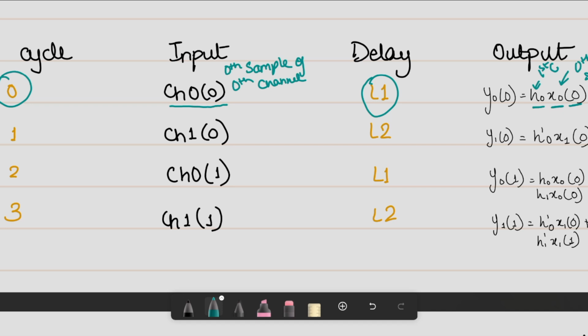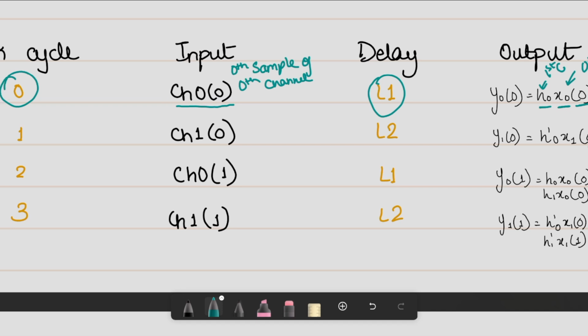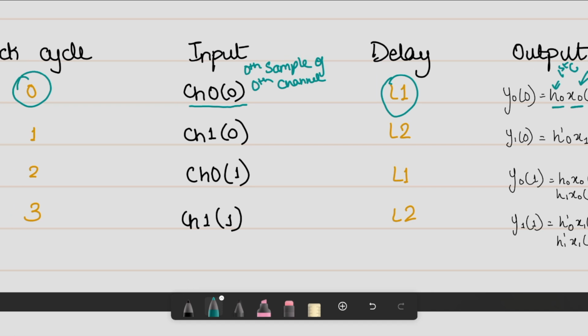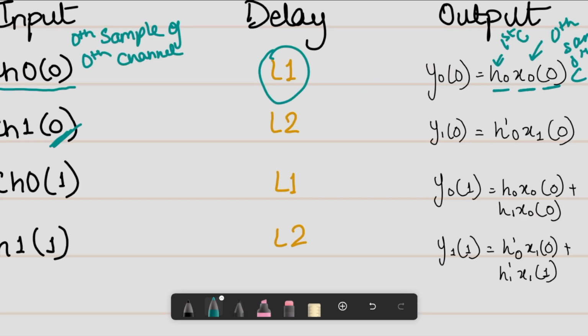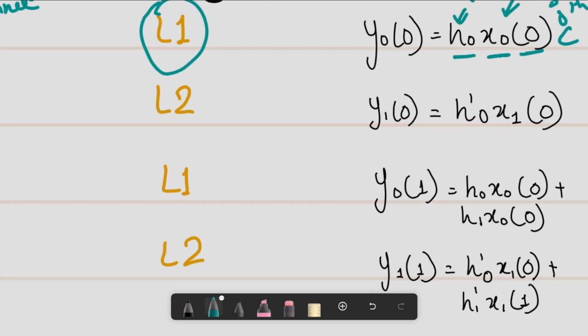Let me clarify this better. On the next clock cycle, I have input from the second channel or channel number 1. This also sends their 0th sample. But instead of using delay line L1, they will use delay line L2. Now, my output over here would be Y10, or the output for the 0th sample, but from the first channel.